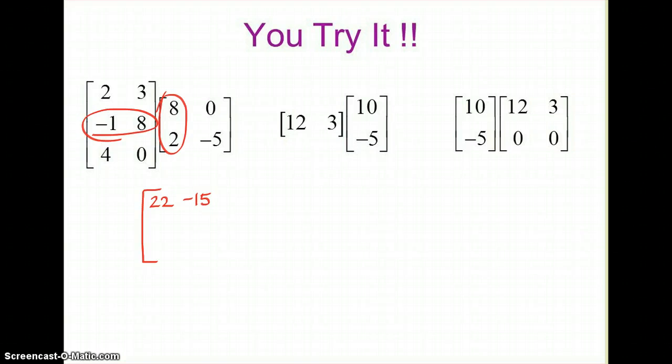I'm going to repeat this column: -1 times 8 is -8, and 8 times 2 is 16. -8 and 16 give me 8. Stay with row 2, go to column 2: -1 times 0 is 0, and 8 times -5 is -40. 0 plus -40 is -40.